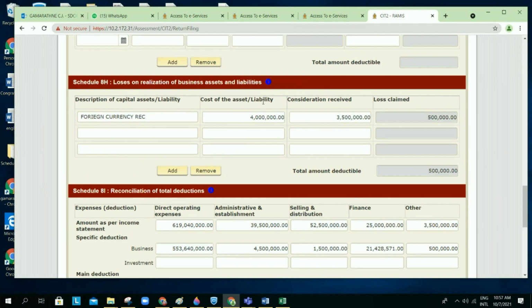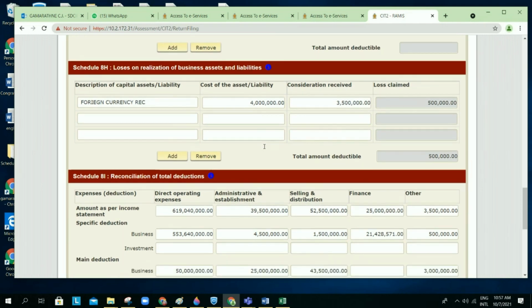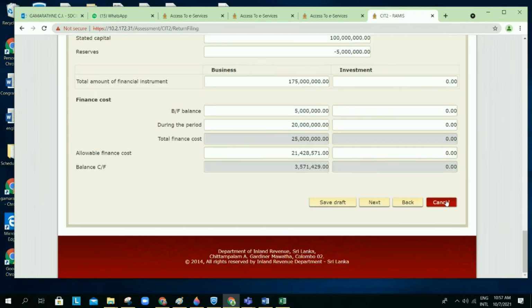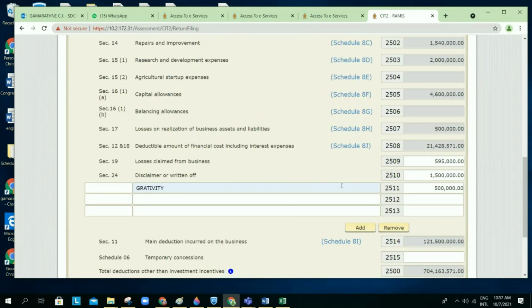It is a capital nature loss, but under Section 17, even if it is a capital nature loss, if it is directly connected with the business, you can claim this loss separately as Section 17. That's why we completed the loss value as 500,000. This loss value we take as the total, and this total should be reflected in the Schedule 8 main page. If you go to Schedule 8, you can see under 8H 500,000 reflected.